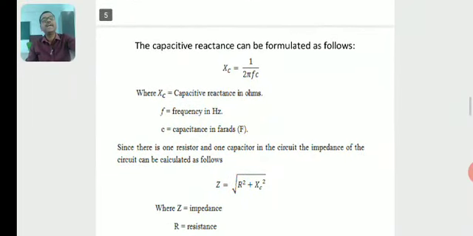The capacitive reactance can be formulated. We know that X is equal to 1 by omega C, where omega is 2 pi f, so X is equal to 1 by 2 pi f C, where X is capacitive reactance in ohms, f is frequency in hertz, and C is capacitance in farads.